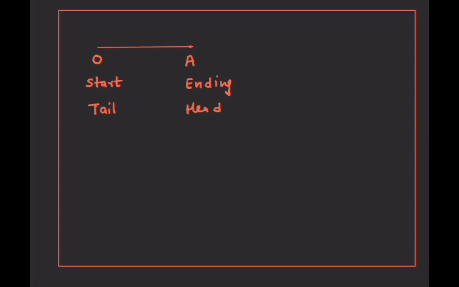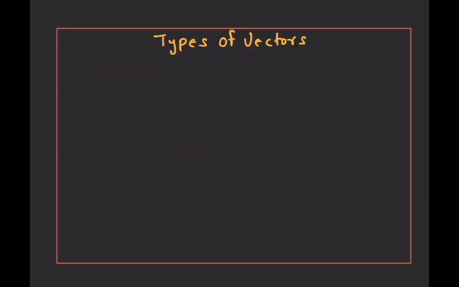One more example. Here P is the starting point and Q is the ending point. Now we can write this vector as PQ vector. Similarly, here we can write OA as a vector. O is the starting point, A is the ending point.